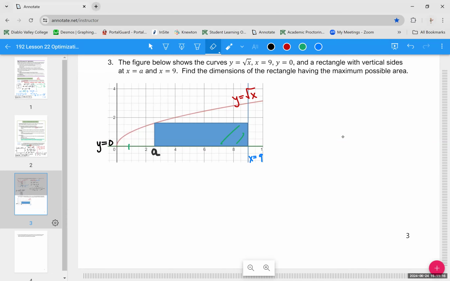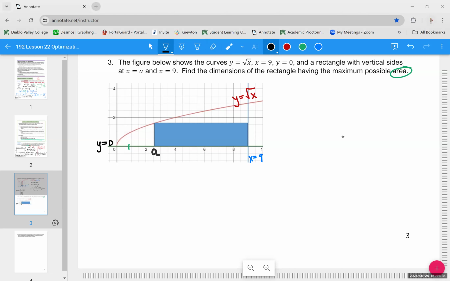Find the dimensions of the rectangle having the maximum possible area. So it is the area of this rectangle that we are trying to maximize. So I need to try to come up with an equation. It might help if I labeled the sides.